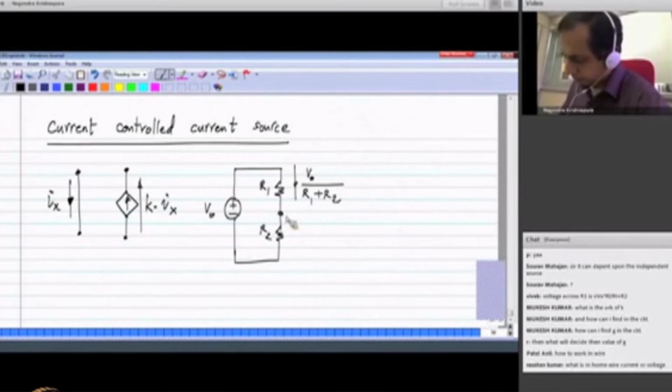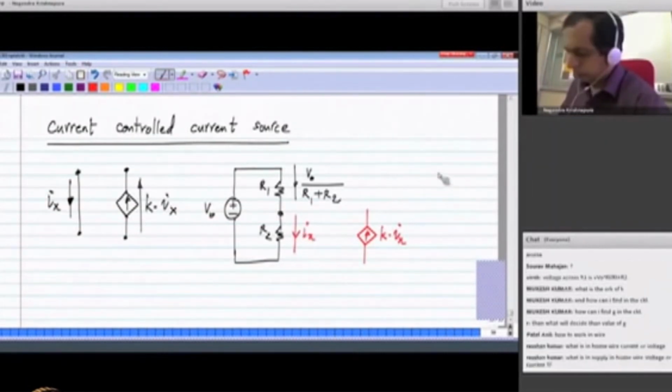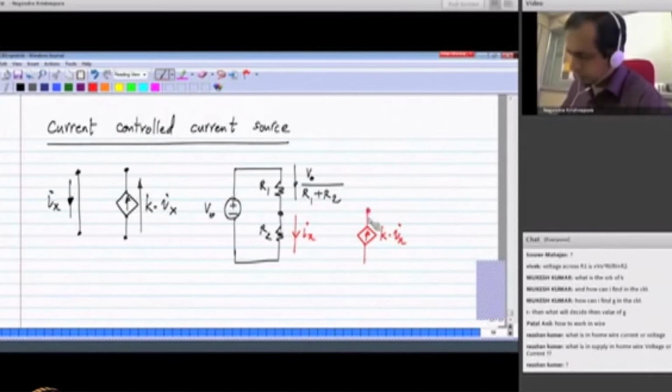And let me define a current controlled current source to be some K times Ix, where Ix is the current through R2. This is something that I would define. Now, what it means is that this current source here will force a current which is K times V0 by R1 plus R2.